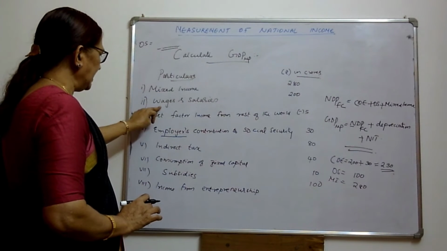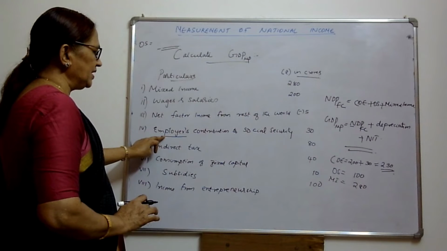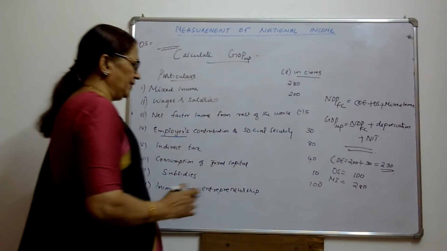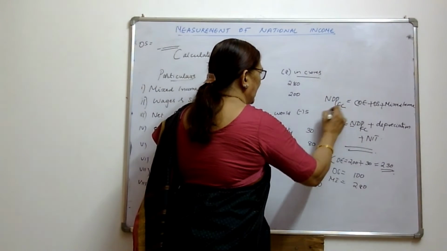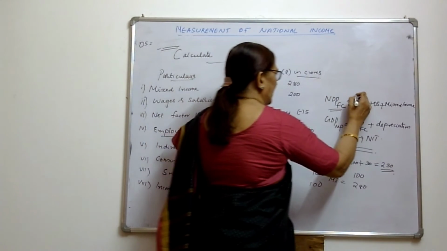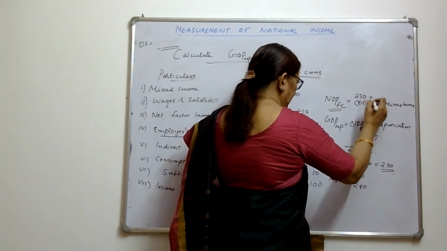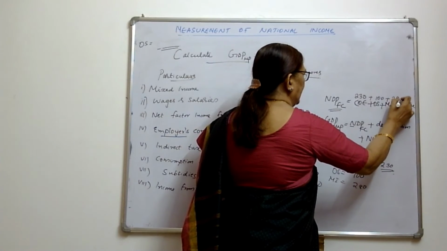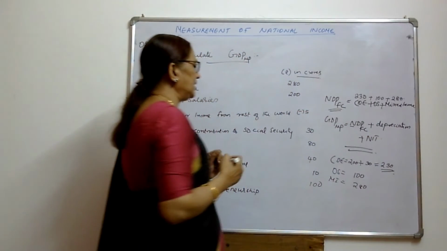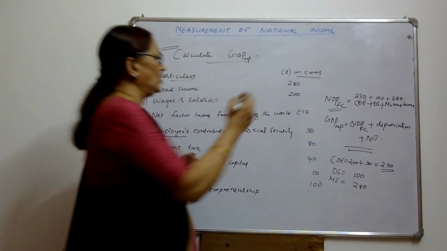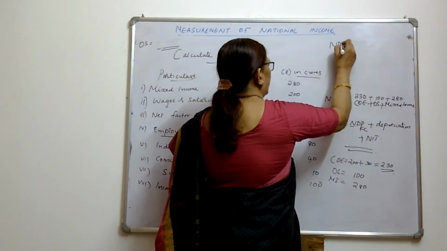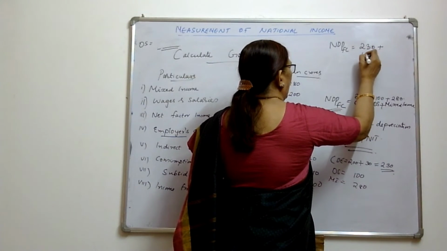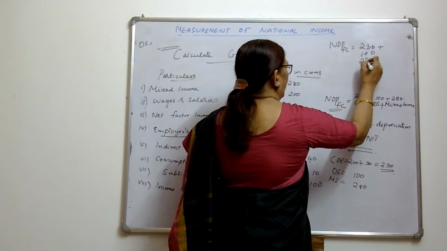Then wages and salaries plus employers' contribution 30, that is COE. Then for operating surplus only profit is given. So what is NDP at factor cost? When we enter these values, domestic income NDP at factor cost is equal to 230 plus 100 plus 280.